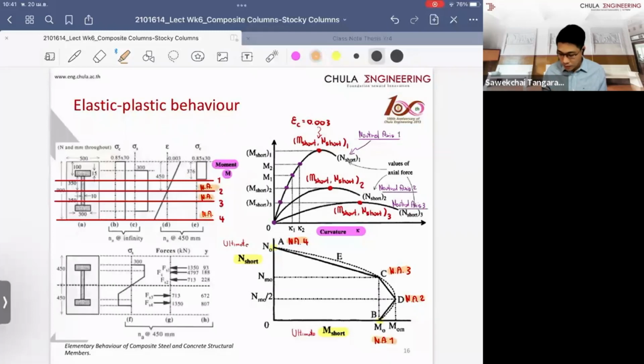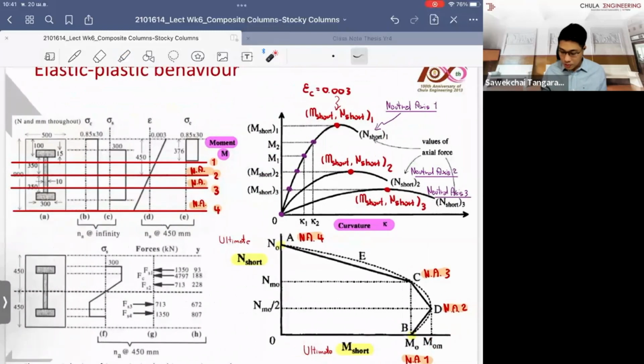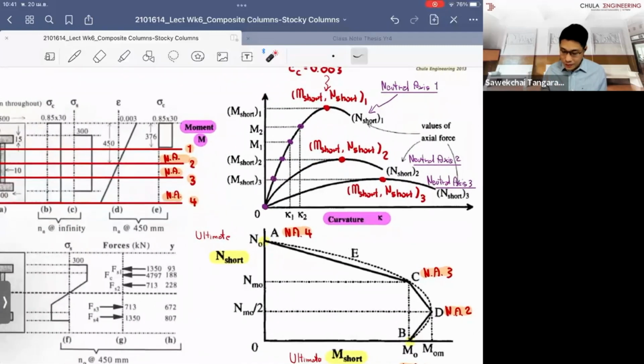Based on this value, when we vary the neutral axis depth, for example at point number 2, you rotate the cross section about the neutral axis, and if you keep rotating, you keep increasing the curvature about the neutral axis. So basically, you keep tracing the capacity up to the ultimate point.